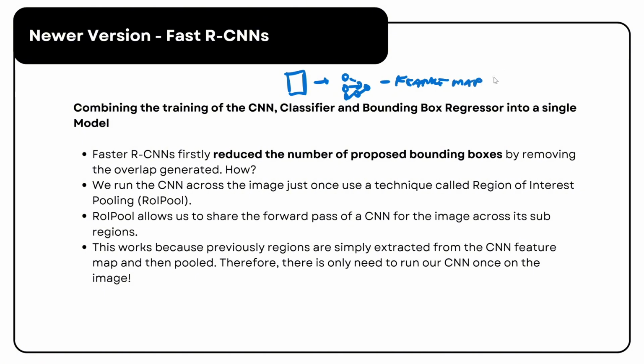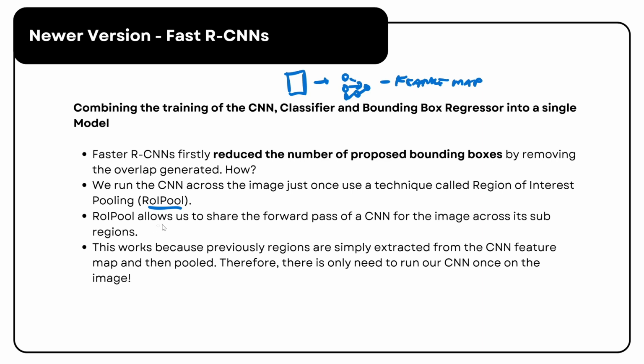Then instead of feeding raw image patches into the CNN for every region proposal, we extract features for each proposal directly from the feature map using ROI pooling.